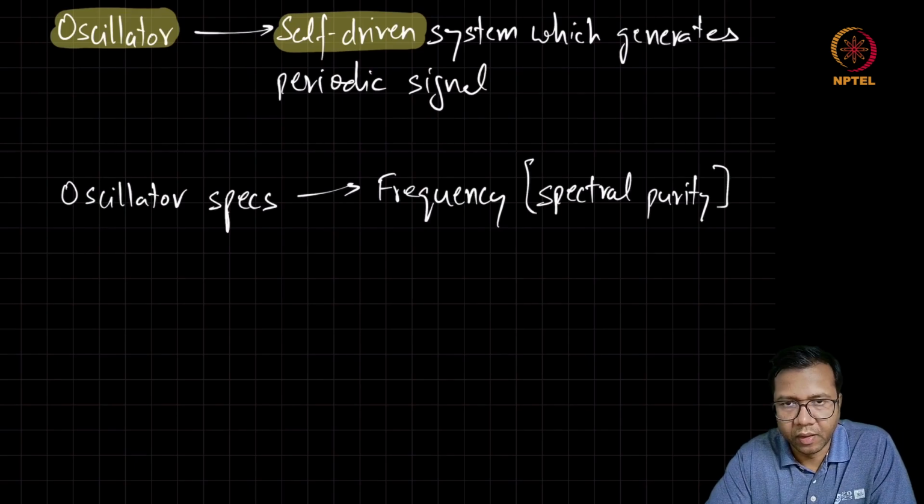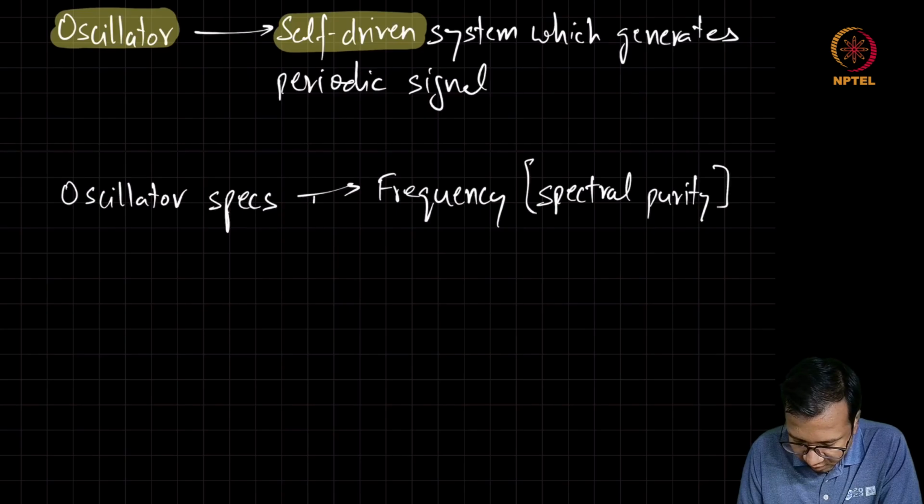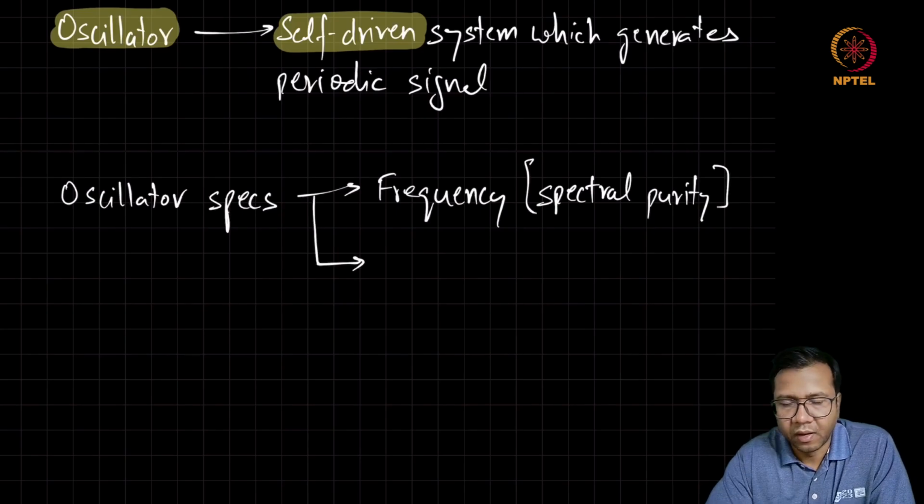In addition to having frequency as one of the specifications, we also want the oscillator to generate high amplitude, because the oscillator is going to drive various stages in the transmit and receive chain.